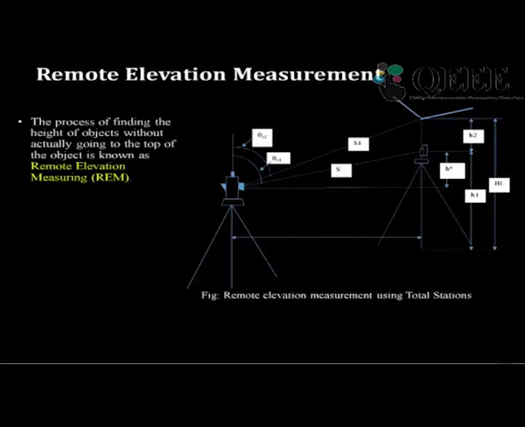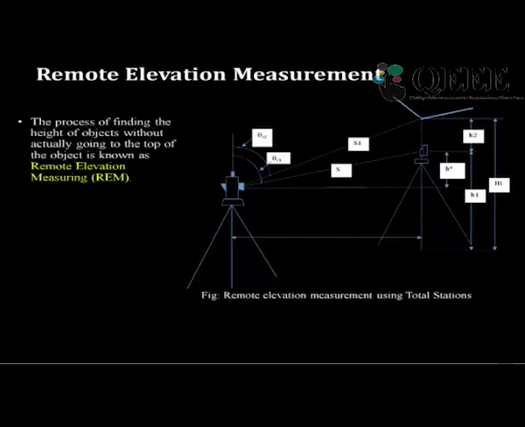Using total station, we can perform remote elevation measurements. There are options available in the total station because, as I told, it has some data processing units and some sensors which will help us to do some calculations on site itself.